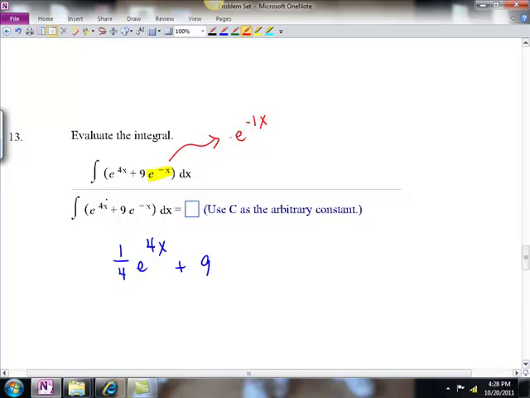So it's 1 over k, 1 over negative 1, so that just makes that 9 out front become a negative. Negative 9 e to the negative x plus c. So from this, we had 1 over negative 1 times 9 e to the negative x, which just made that negative.